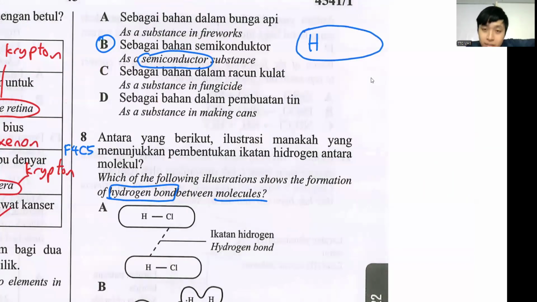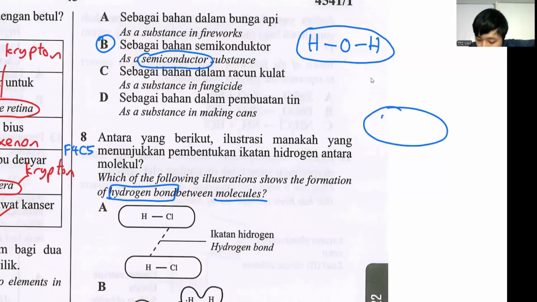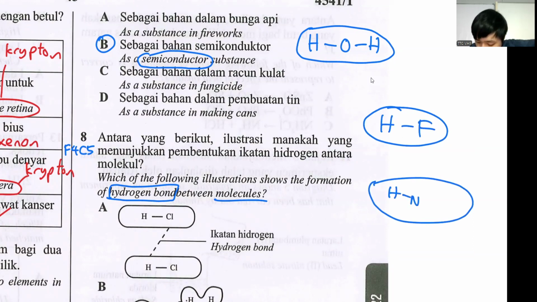Inside the molecule, whether you got an H-O bond, H-F bond or N-H bond, either one. Then inside the molecule, the bond is called covalent bond. I told you already.